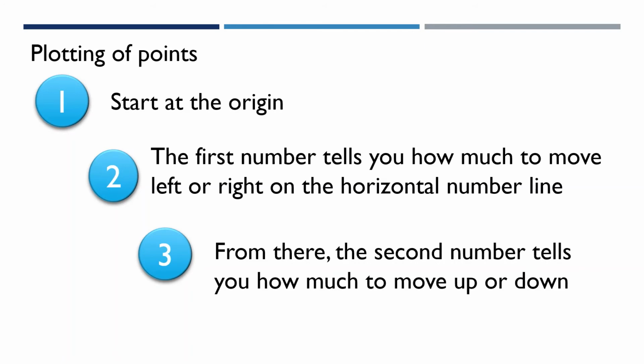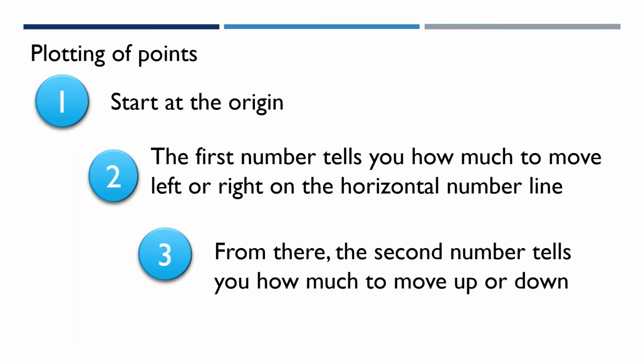For step 3, from there, kung saan huminto yung movement natin from step number 2, the second number tells you how much to move up or down. So, doon sa second number o yung tinatawag nating y value, yun ang magsasabi kung ilan ang movement natin up or down.